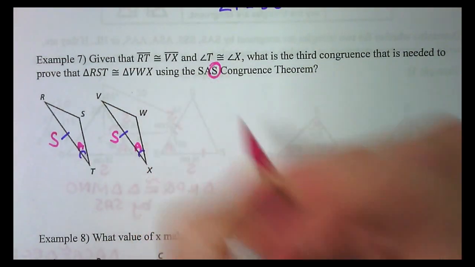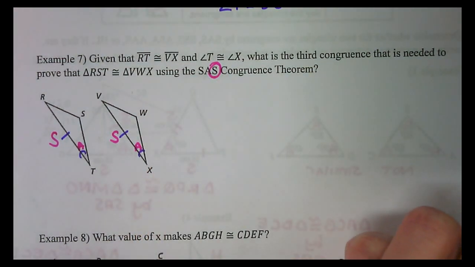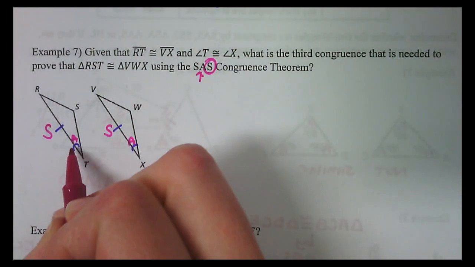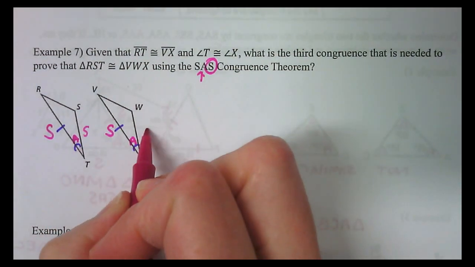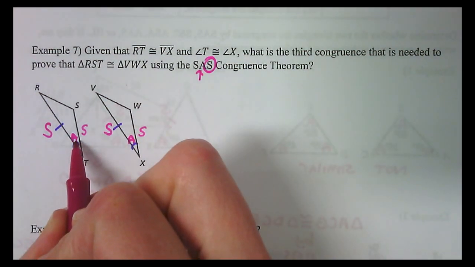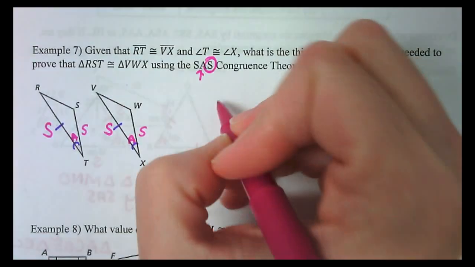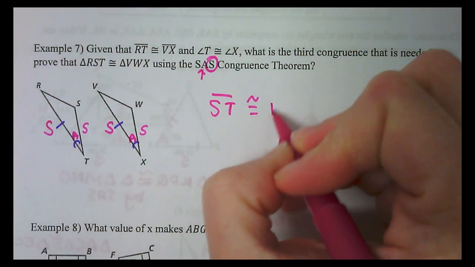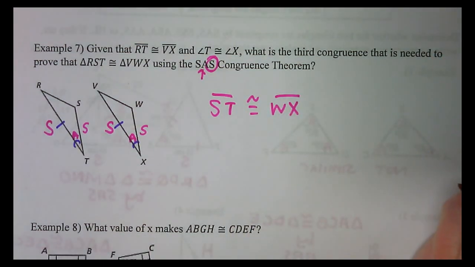We need another side. The side has to make the angle be in the middle. So it would have to be this one and this one, because that makes the angle be in the middle of the two sides. So it would be that ST would have to be the same as WX.